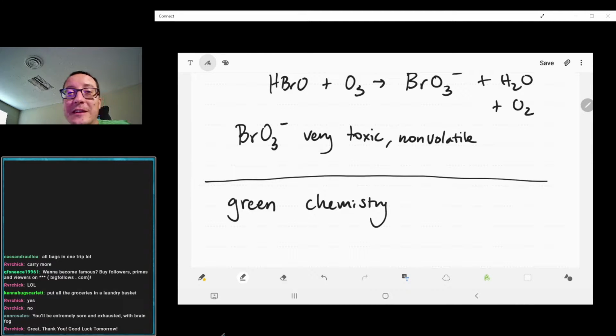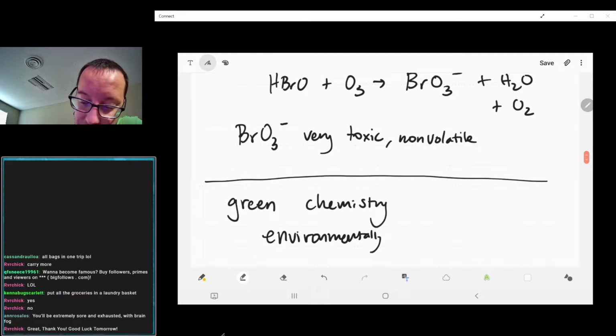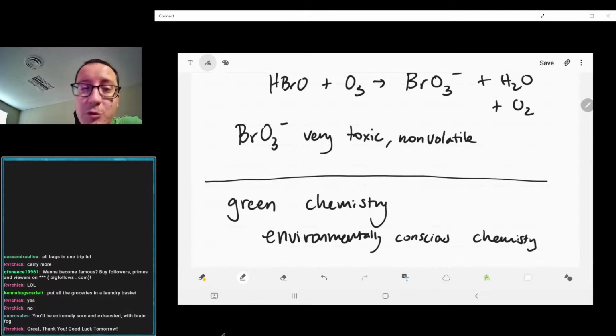According to our book, green chemistry is going to be just environmentally conscious chemistry. And this applies more to industrial things as well as research in chemistry, drug design, and producing industrial chemicals.